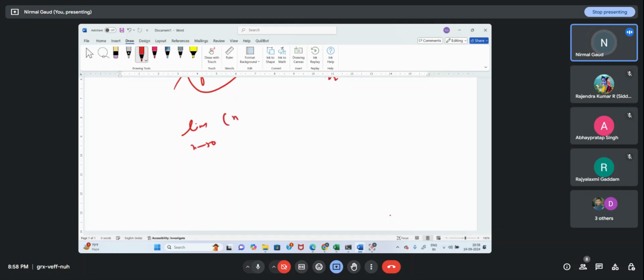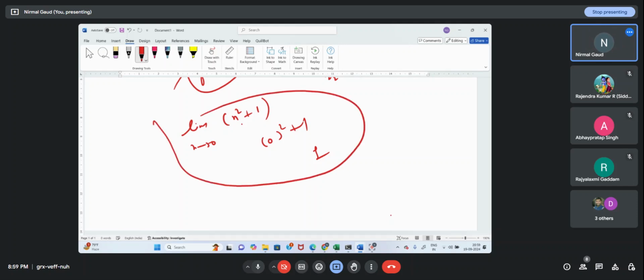If the function given to you is x square plus 1, and x tends to 0, we put x equal to 0. So it will be 0 square plus 1. The answer will be 1. Something like this. We have studied limits.